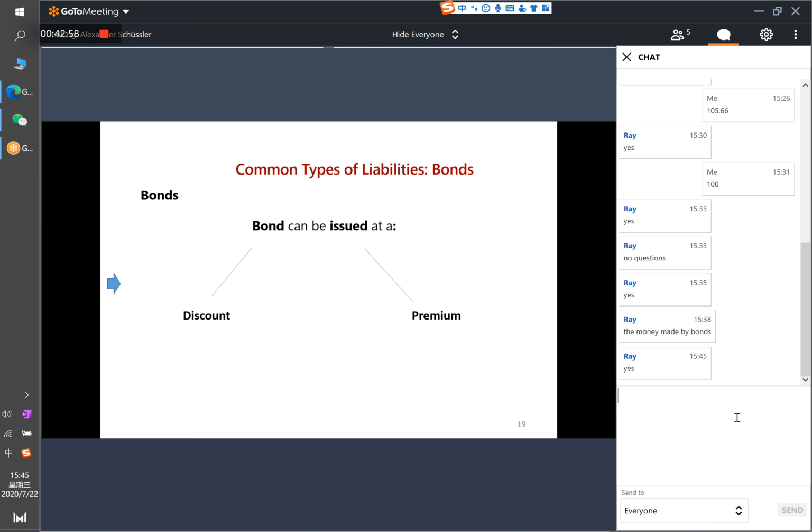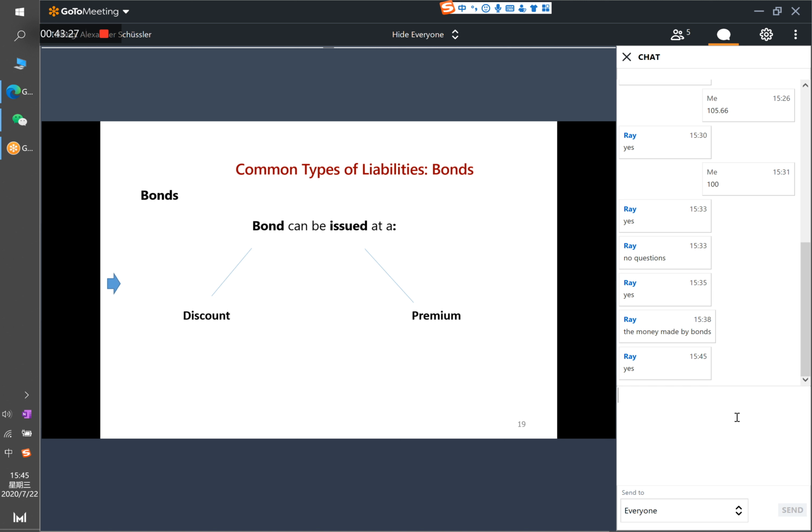Depending on what the market rate is in comparison to the coupon, to the stated rate. When the market rate is higher than the coupon, then it will be issued at a discount, and if it's lower, then at a premium.